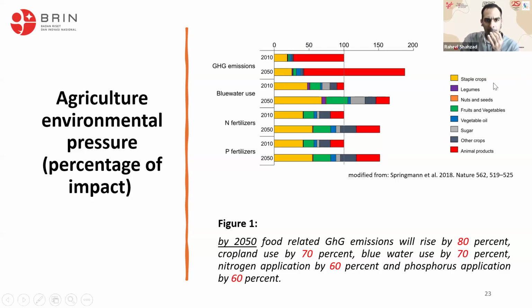By 2050, there is a report that GHG emissions will rise by 80%, which is a huge concern for many countries across the globe.